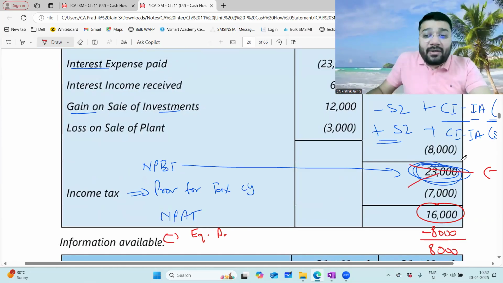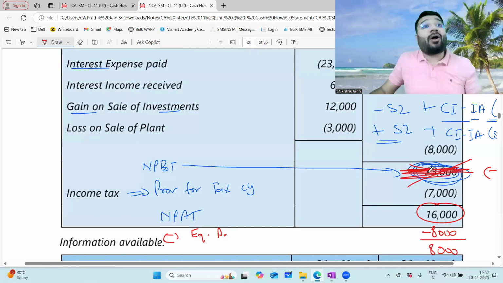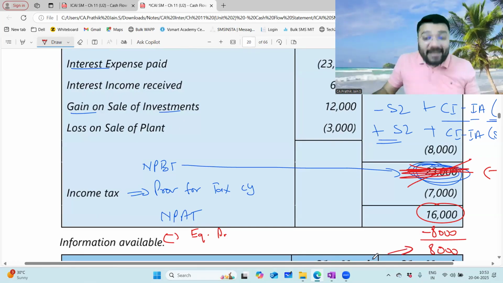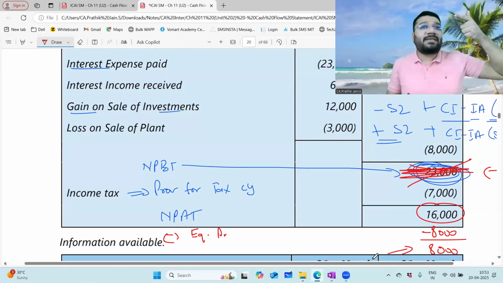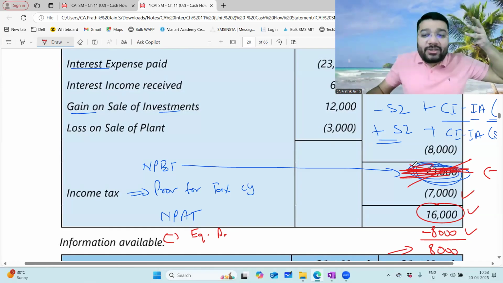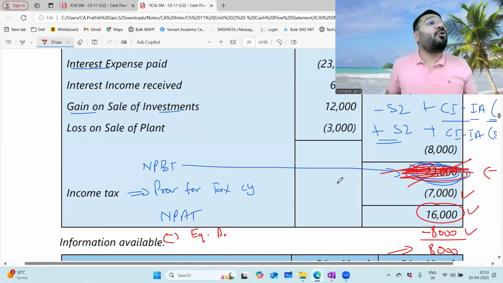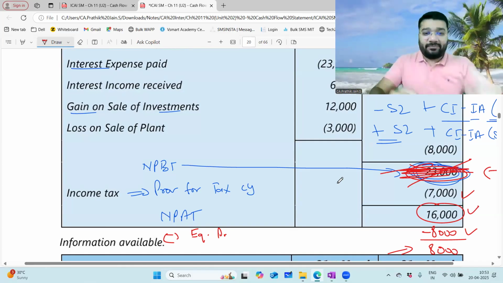Now, if the 23,000 information was not available, then you would have taken this 8,000 as the base. So 8,000 is my surplus. With that, I would have added the equity dividend and got 16,000 net profit after tax. Then I would have added provision for tax and got this 23,000. But there is no need for me to do this drama because I have 23,000 like halwa in front of you. Now clear? Okay.